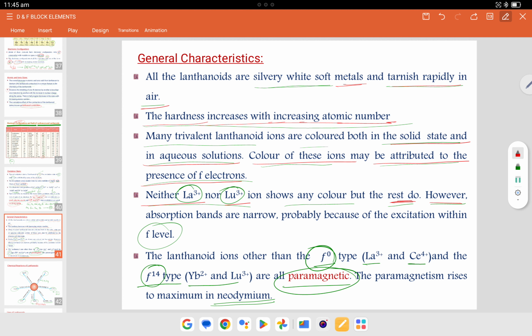However, absorption bands are narrow, probably because of excitation within the f level. Lanthanoid ions other than the f0 type and f14 type are all paramagnetic. If the electronic configuration is f0 or f14, they are diamagnetic, and the remaining are paramagnetic. The paramagnetism rises to a maximum in neodymium.